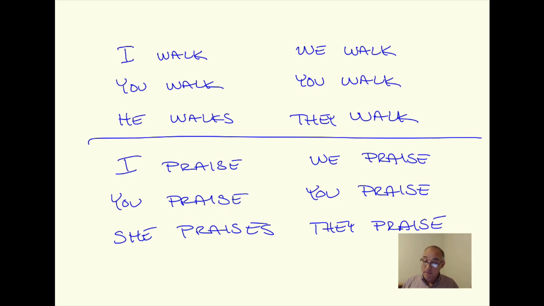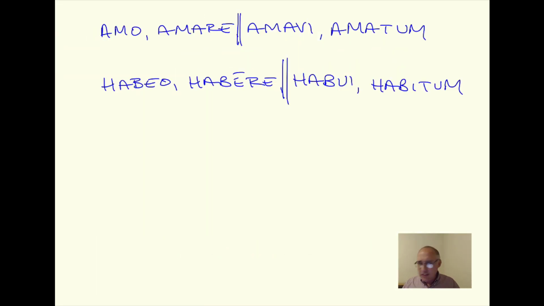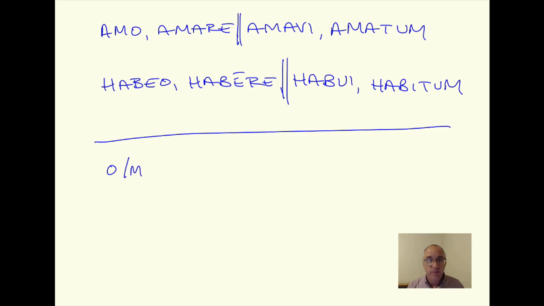Latin didn't like that. Latin and Spanish and Italian, it's not that wacky, put an ending on the verb instead. In other words, your endings in Latin that equate to I, you, he, we, they, your endings are O, sometimes M. O or M, I will say.